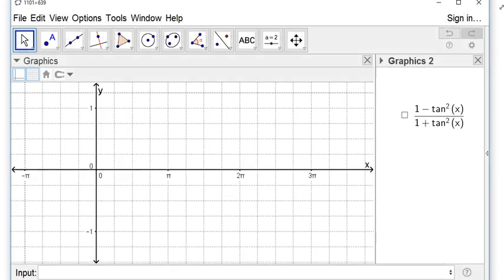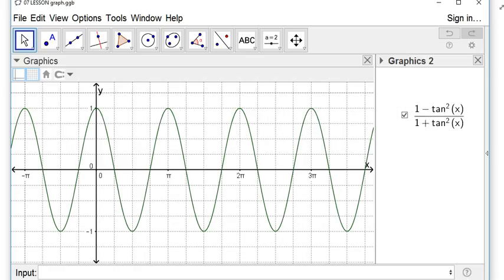So here's our graph. There's 1 minus tan squared over 1 plus tan squared x. What does it look like? Cosine, that is compressed. So what would be the equation for that?